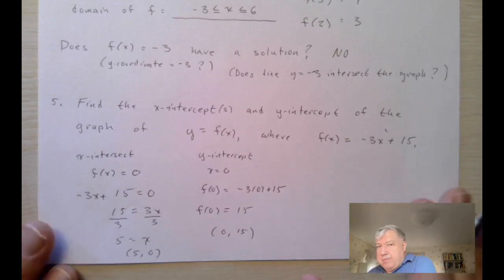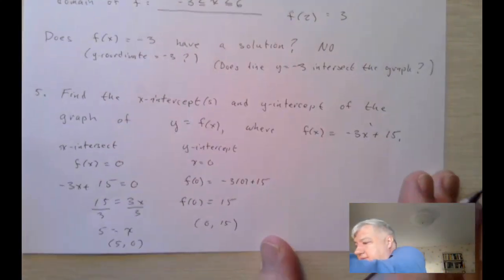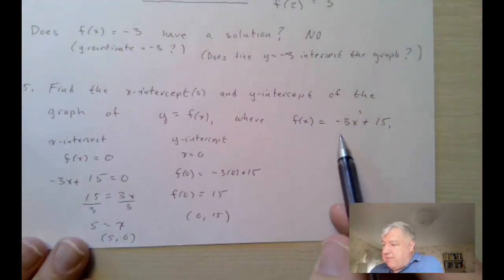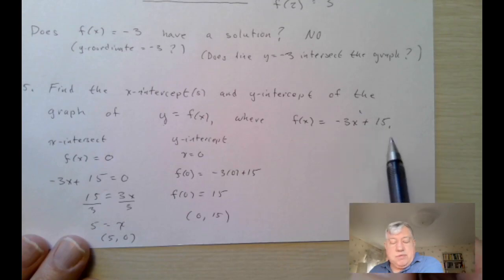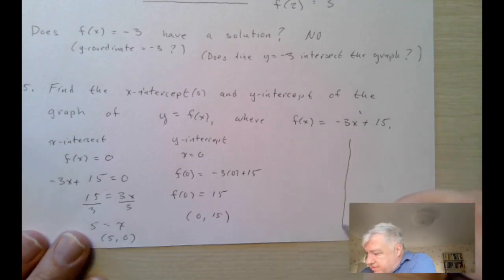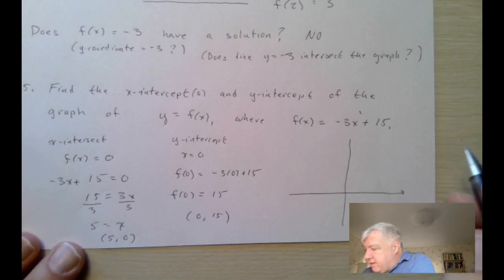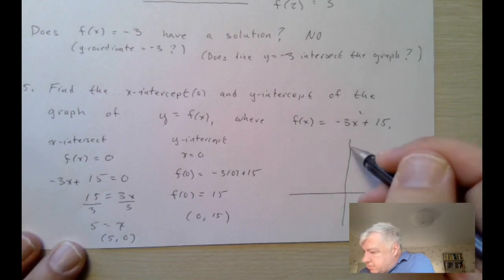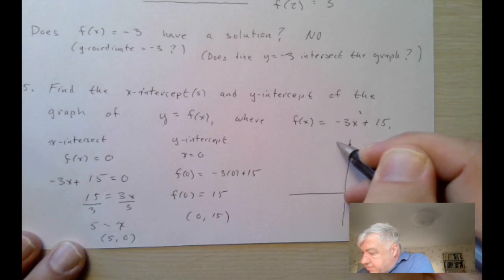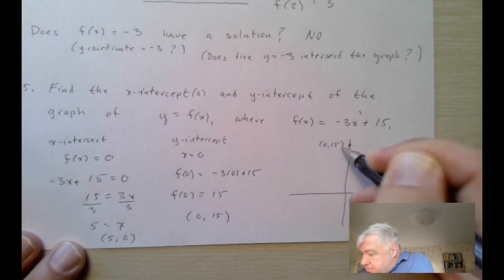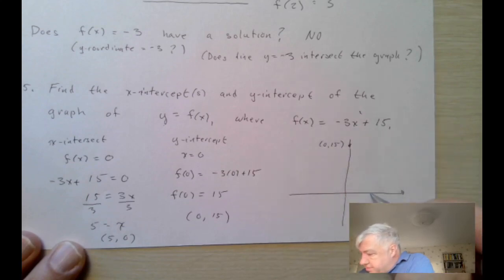And you can actually use all this to get a graph of f of x. We know the graph of y equals negative 3x plus 15 is a line, and we can see what this line is going to look like. Here's (0, 15), and here's (5, 0).